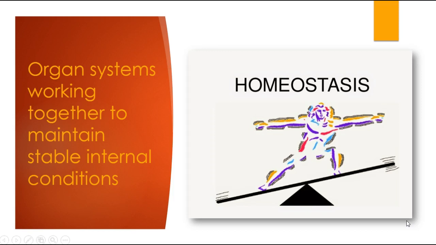And homeostasis in the human body is all of these different organ systems working together to maintain stable internal conditions. So let's see how the excretory system contributes to homeostasis.